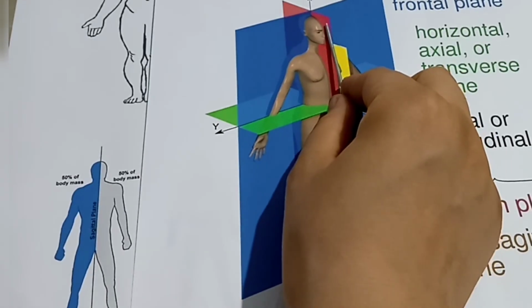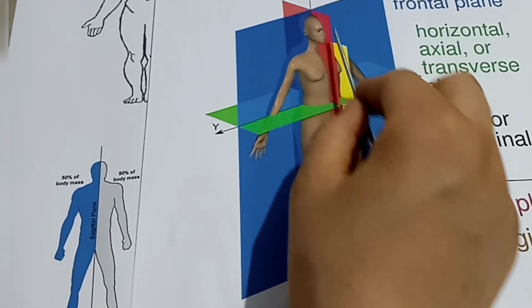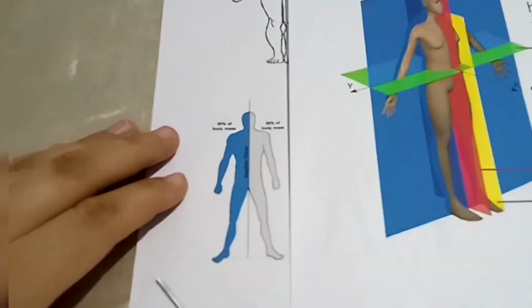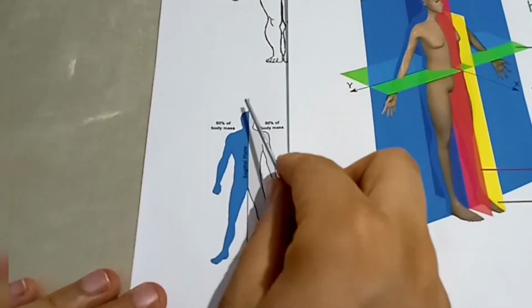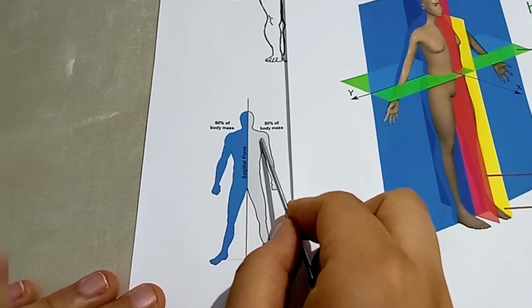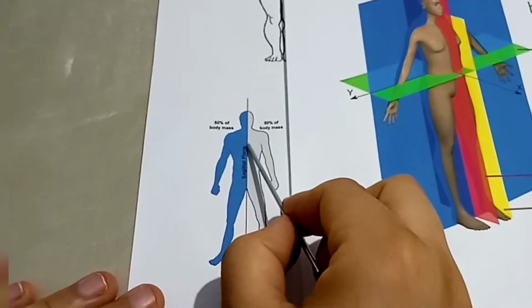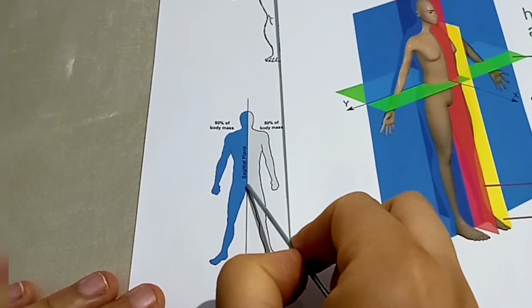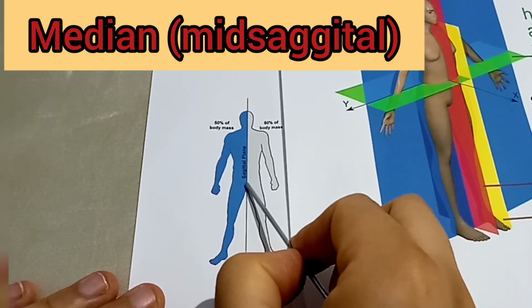Let's start with the plane in the red color. We can see here that this plane divides the body into two equal right and left halves. It passes through the midline of the body, so it is described as median plane or midsagittal plane.